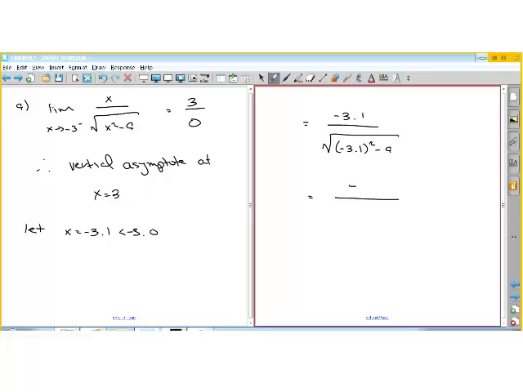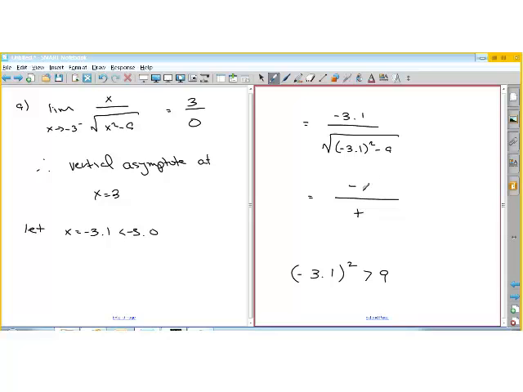Negative 3.1 squared is going to be greater than 9. When you square it, the negatives cancel out, and 3 squared is 9, so 3.1 squared has got to be greater than 9. So if that is greater than that, you're going to have a positive number here, and then you take the square root, which is a positive number.